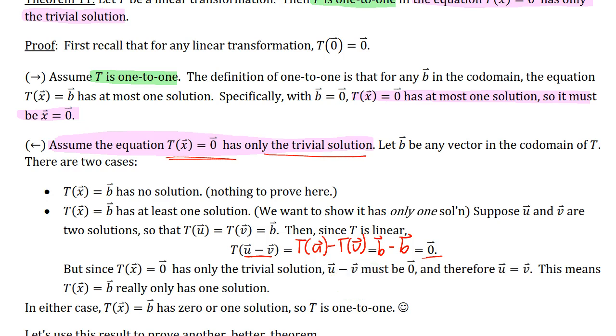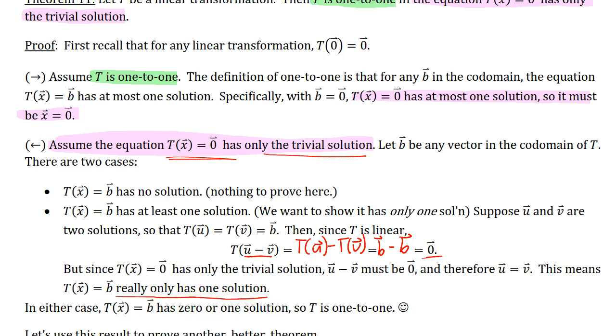And if u - v is 0, then you can just add v to both sides of that equation, and that means u = v. So if you have two solutions that you think might be different, it turns out they're really the same. So it really only has one solution.